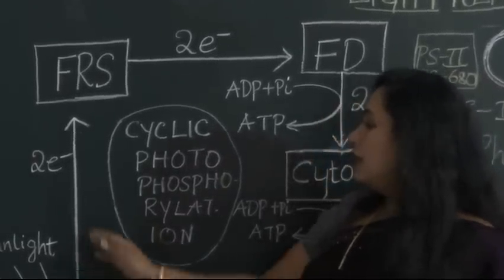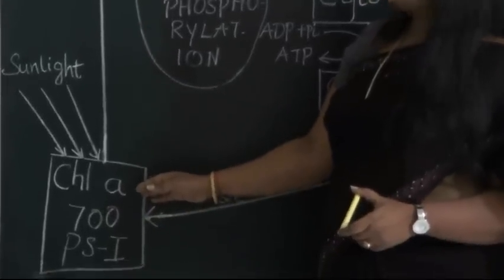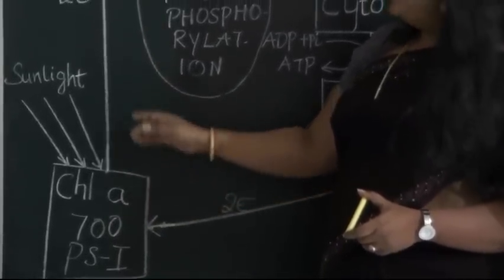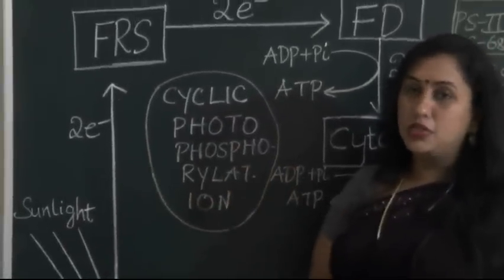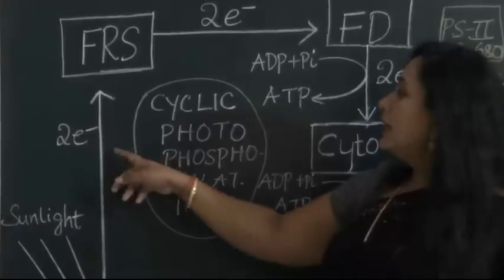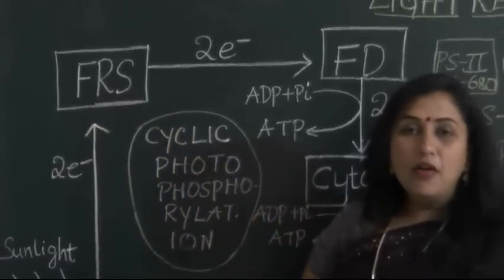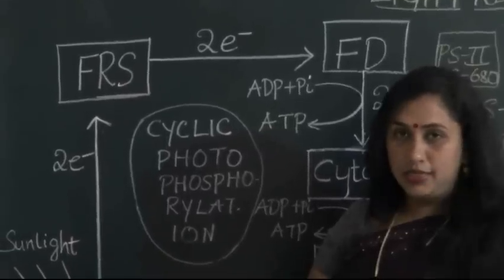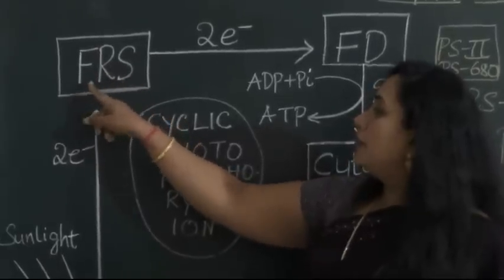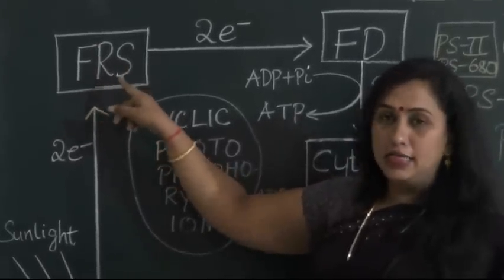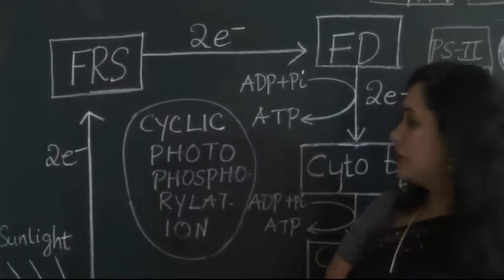First, the electron ejected from chlorophyll A or photosystem 1 would be accepted by an unknown acceptor whose name is not known, so I have not written it. The second acceptor would be FRS, ferredoxin reducing substance. Ferredoxin reducing substance in short form is written as FRS. It will accept these two electrons.